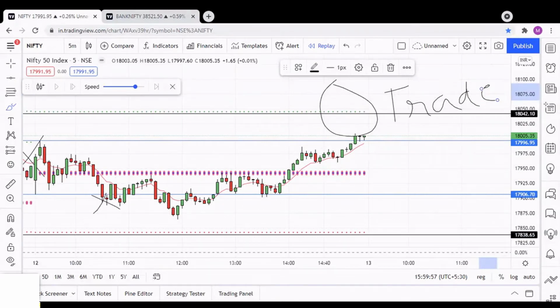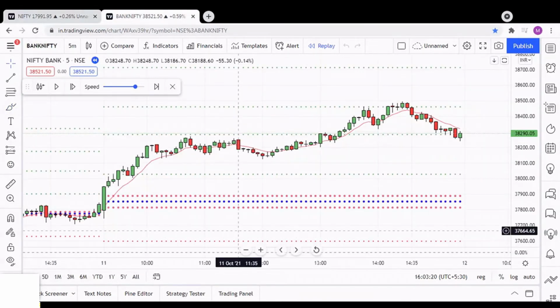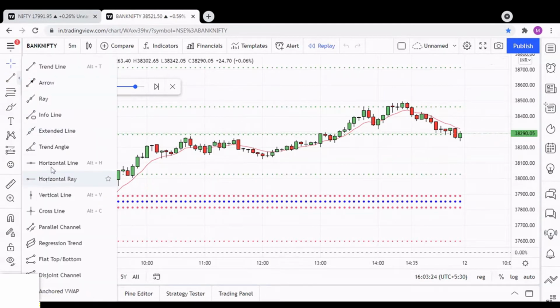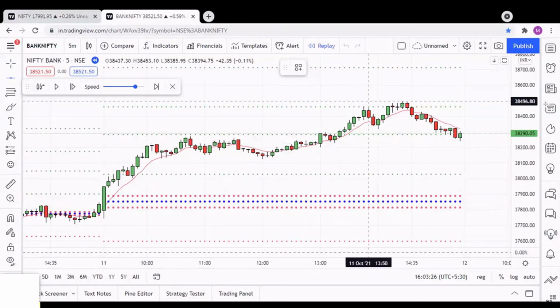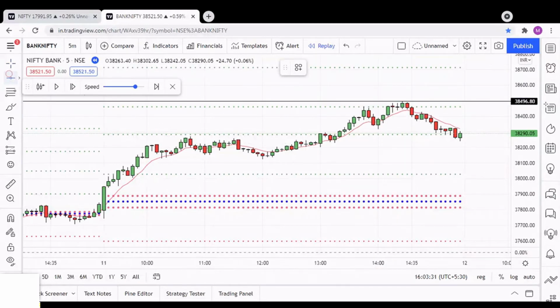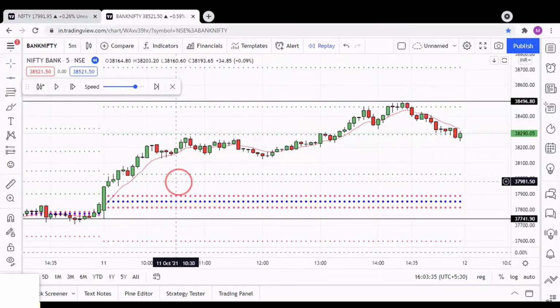Looking on to the Bank Nifty chart, let us mark the important supports and resistance in Bank Nifty. Previous day high, previous day low.